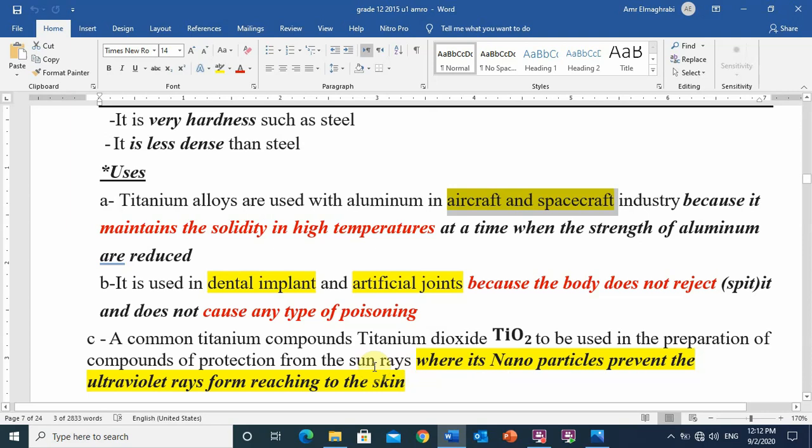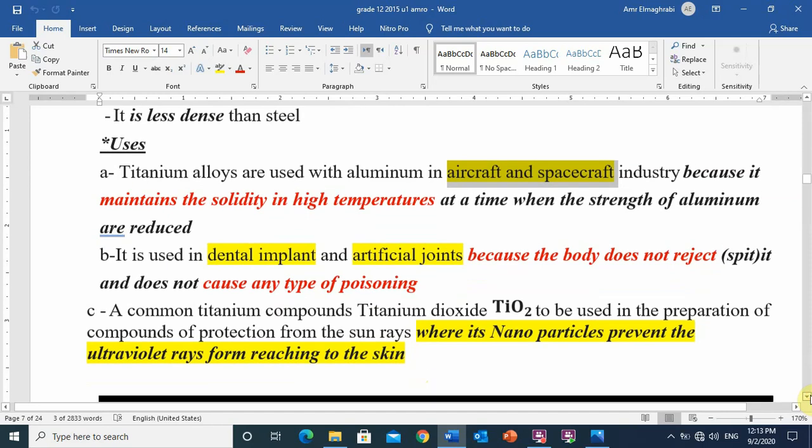When you go to swim, you use a sunscreen cream covering your body to avoid being burned by the sun, and this sunscreen consists of titanium dioxide. It's a nanoparticle that protects the body from the ultraviolet, and this helps the body not to be burned under the sunlight.